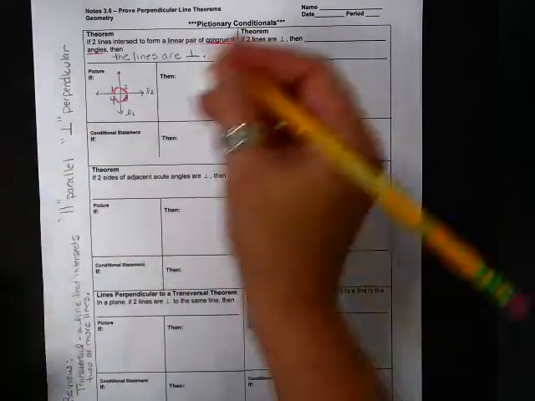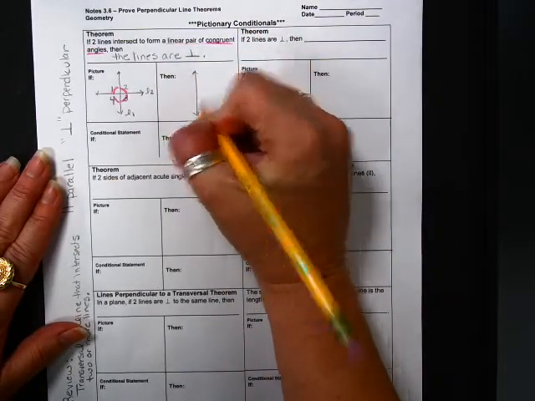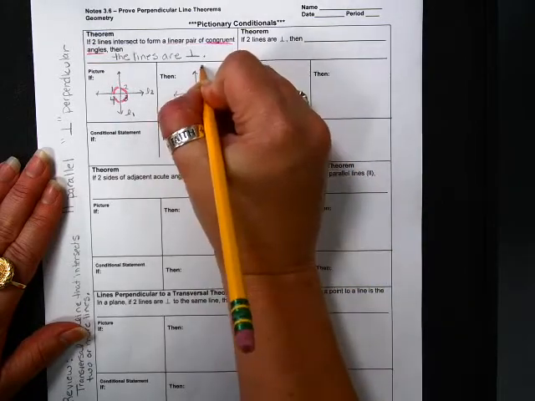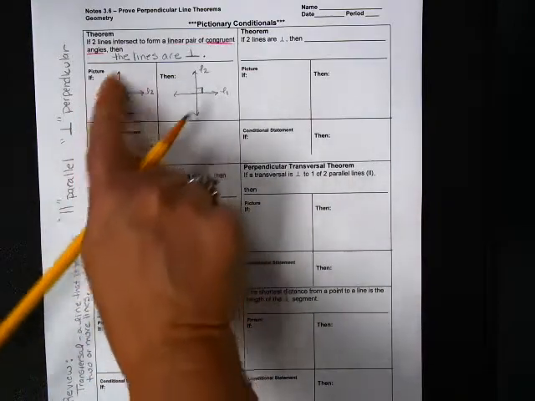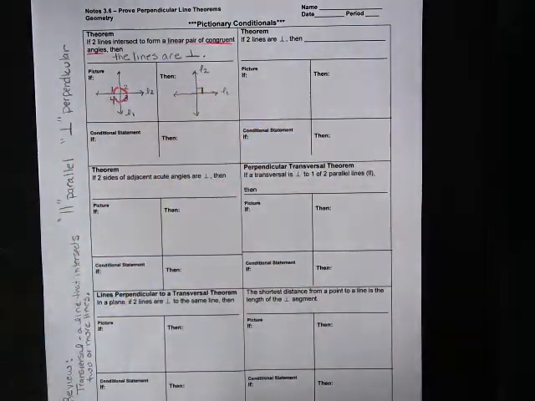When that happens, then we know that line 1 and line 2 are perpendicular. So if this happens, then we know this is true.